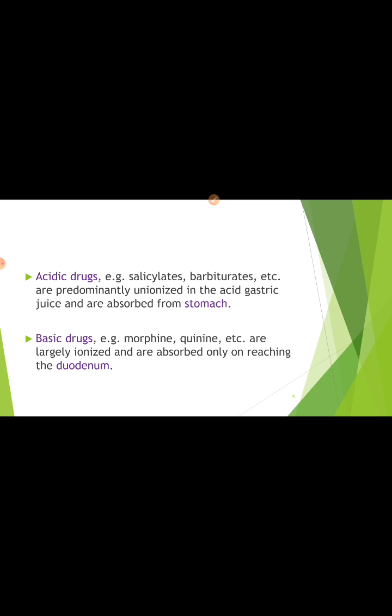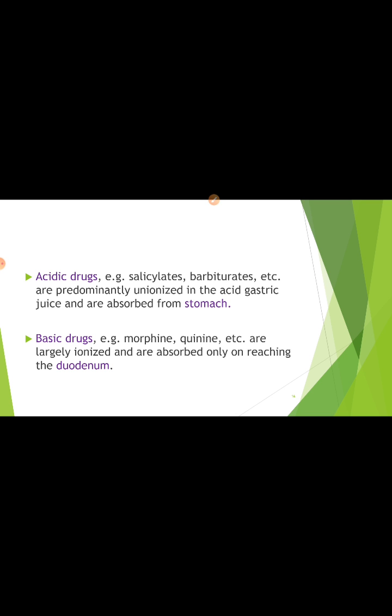Acidic drugs, for example, salicylates. To give you an example of a salicylate, it is aspirin. I am sure that everyone must have heard the name of aspirin and a few of you must have taken aspirin for headache. So aspirin is a type of salicylate. This is an acidic drug which is predominantly unionized in acid gastric juice.